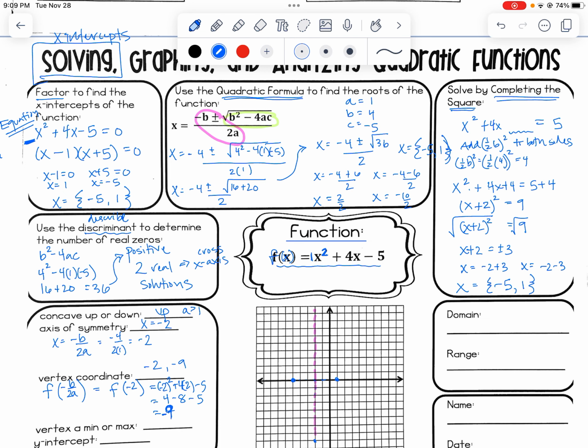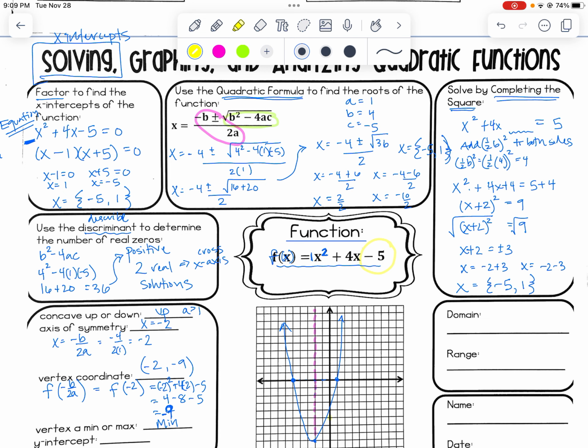Here's what my parabola looks like. Opens up. There's the vertex at negative 2, negative 9. The vertex is a minimum because the parabola opens up. And the y-intercept is right here. I didn't graph this very accurately.